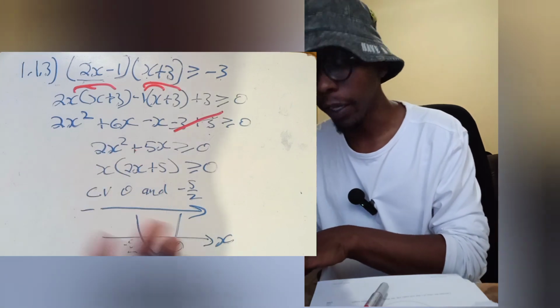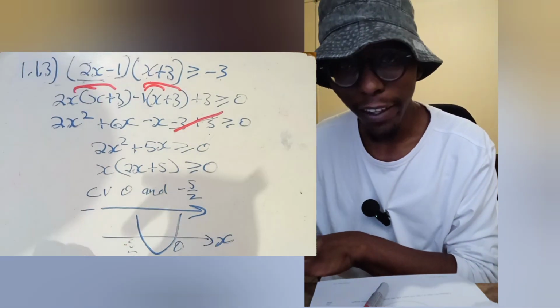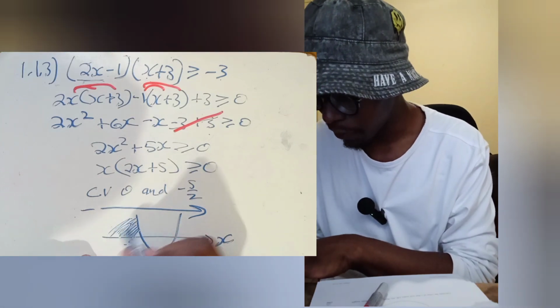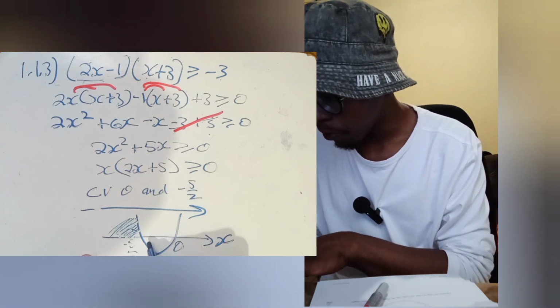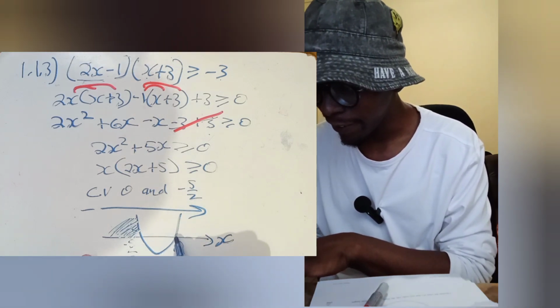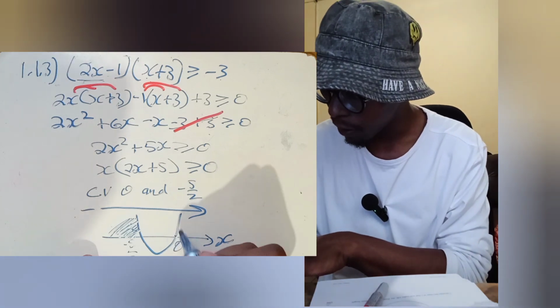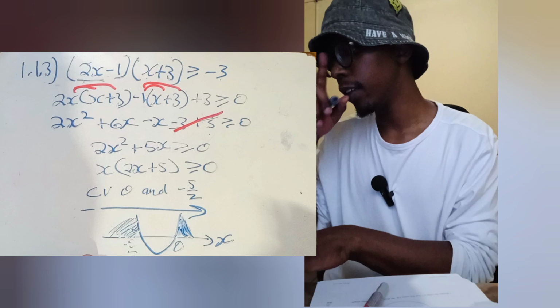They say it goes deeper, which means it's below the x-axis. So this is where my graph is above the x-axis. Then it becomes below. And at 0, it's exactly at the x-axis. And after 0, it's now above the x-axis again.